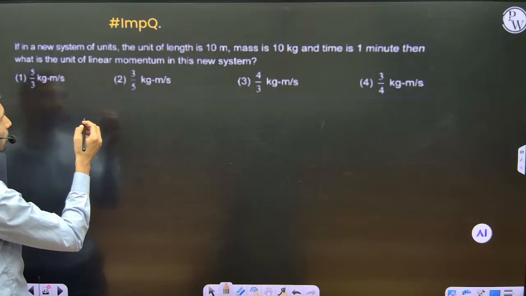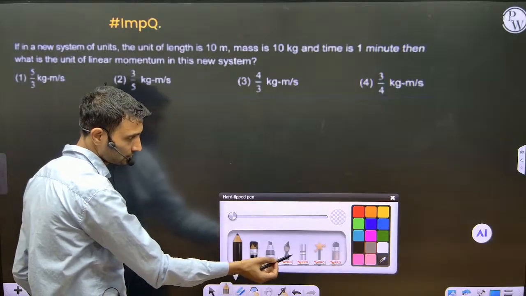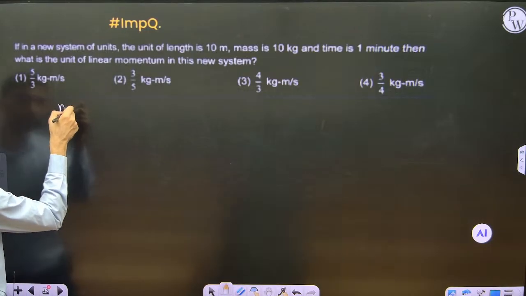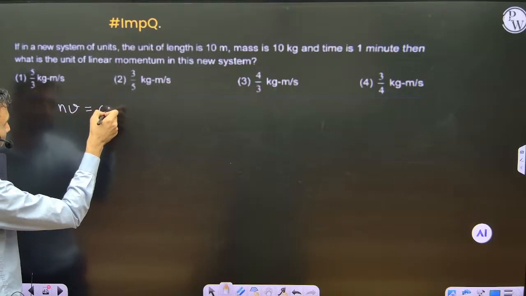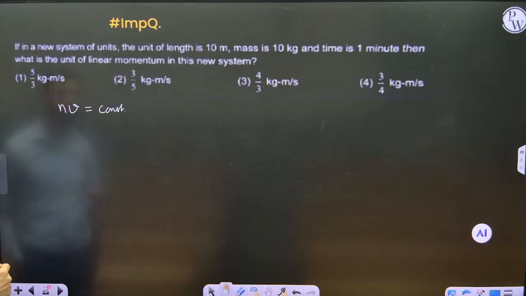So we know that n into u is a constant, right? So n into u is not going to change.